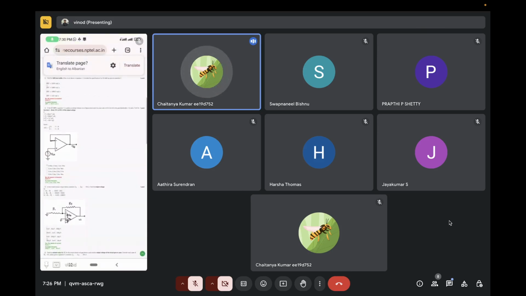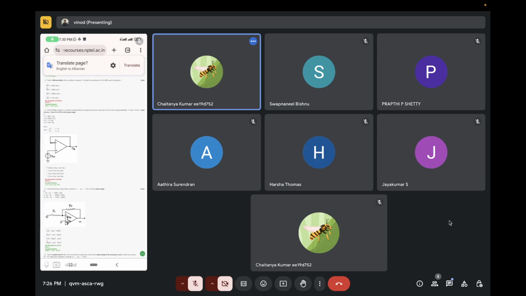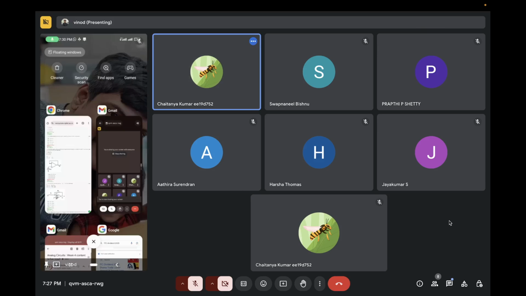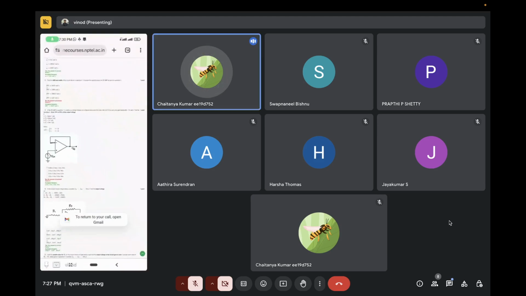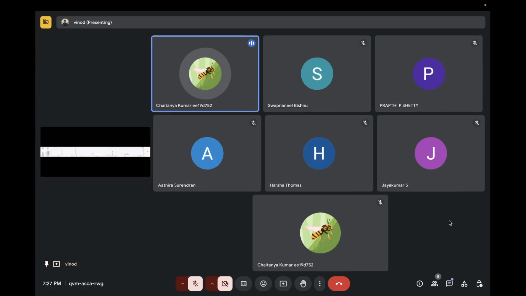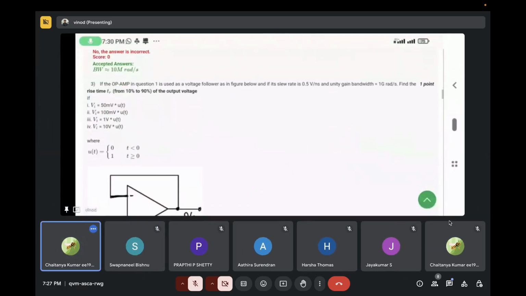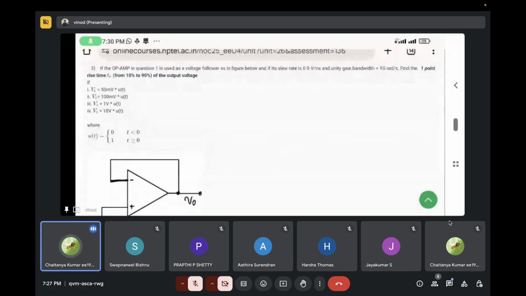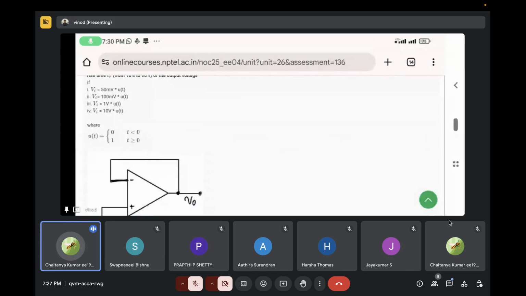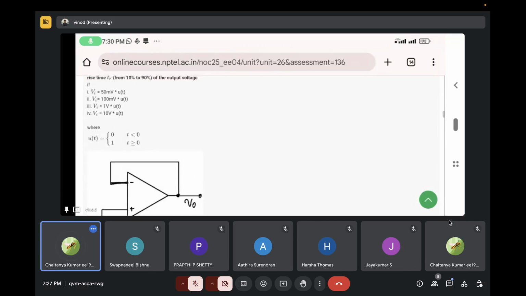Again, rotate your phone at 90 degrees. Third question, sir. Okay, can you rotate your phone at 90 degrees so that the landscape view comes? Okay, just a minute. First of all, scroll up. I will take the screenshot of the above part and then the lower part.